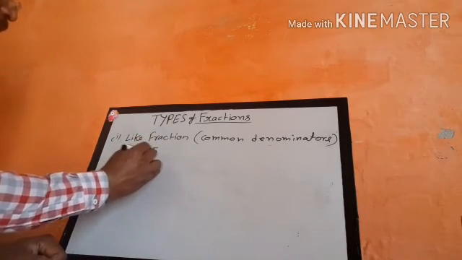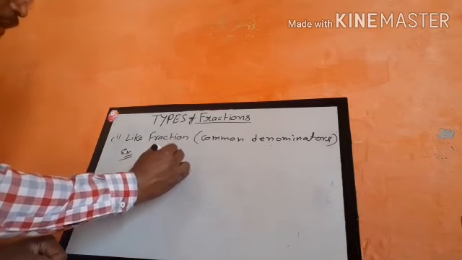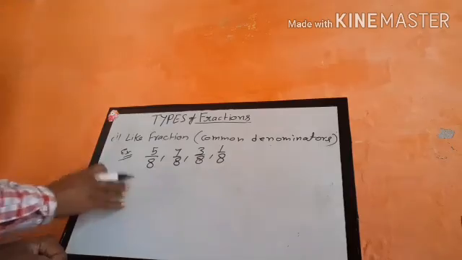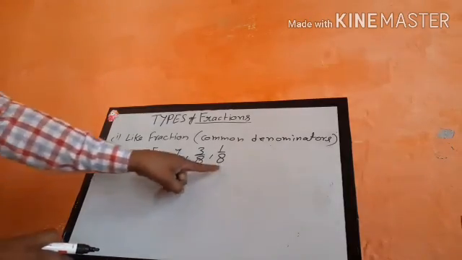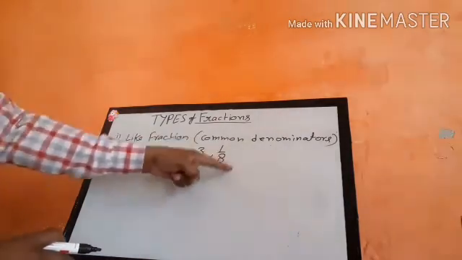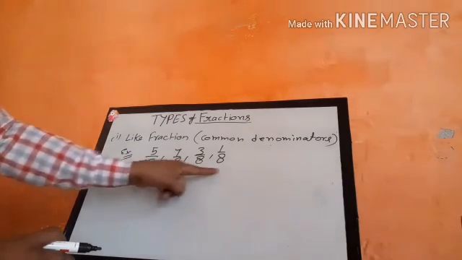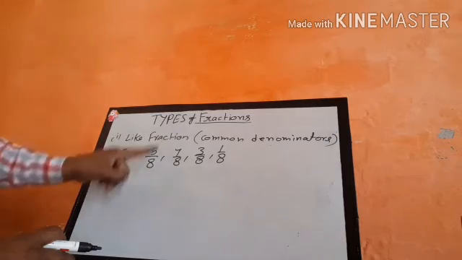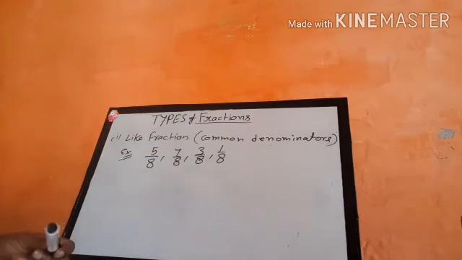Example: 5 upon 8, 7 upon 8, 3 upon 8, 1 upon 8. These have 8 as the common denominator. So such fractions, which have common or equal denominators, are known as like fractions.